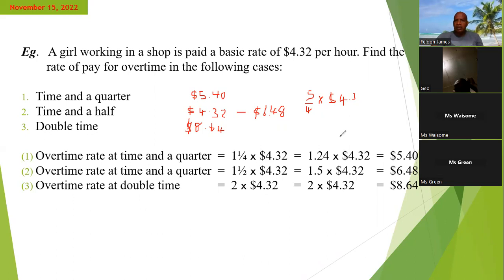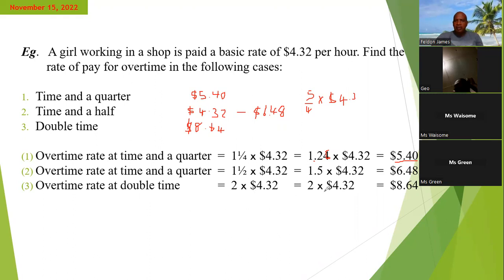Yes, 1.25, correct. So I need to fix this. Now you would multiply and you get $5.40. And the other one would be 1.5 and you get $6.48, correct?